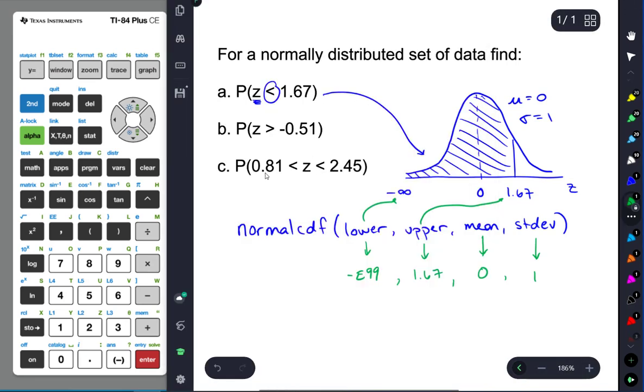Lastly, this notation right here is how we represent the probability between two z-scores. What's nice about this is that you don't have to substitute in the negative e to the 99th or anything like that. You just use the two values given. The smaller one first, and then the larger one.